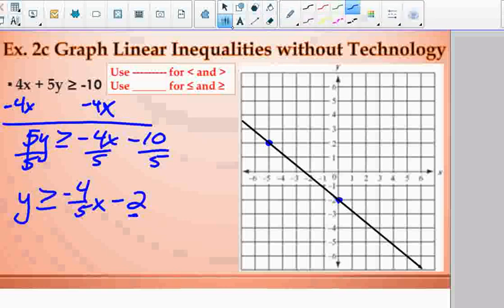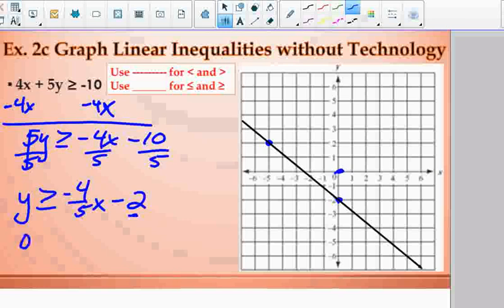Now I have to determine which side of the line is going to be shaded in. Well, if it's going to be greater than or equal to that line, it has to be on top of that line. But to make sure that it's true, again, I'm going to choose a point. I'm always going to choose (0, 0). So if I choose the point (0, 0), that's right here, I want to see, is that point a solution?